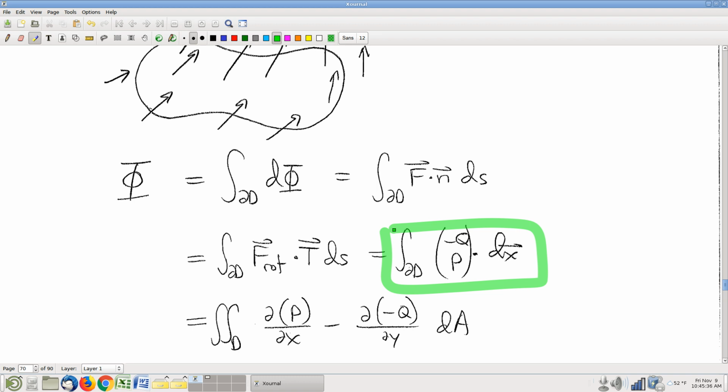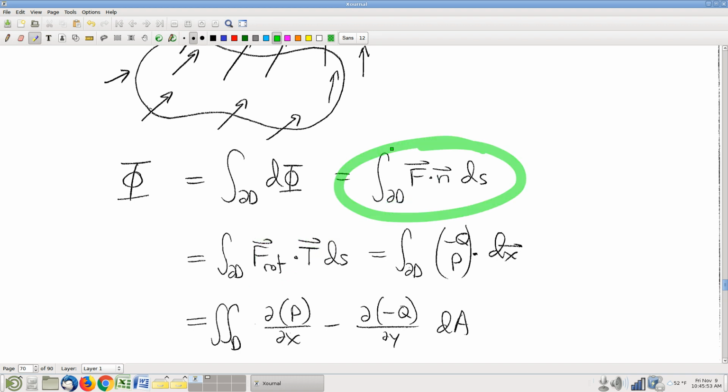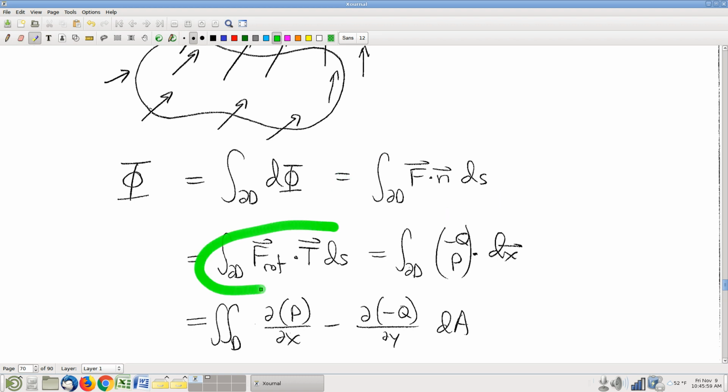Now, you might be thinking, what does this have to do with Green's theorem? Well, the big effect of converting this dot product in the language of normal vectors into this dot product in the language of tangent vectors is that we have translated, to what extent is the vector field going through the curve, to what extent is a different vector field going along the curve.